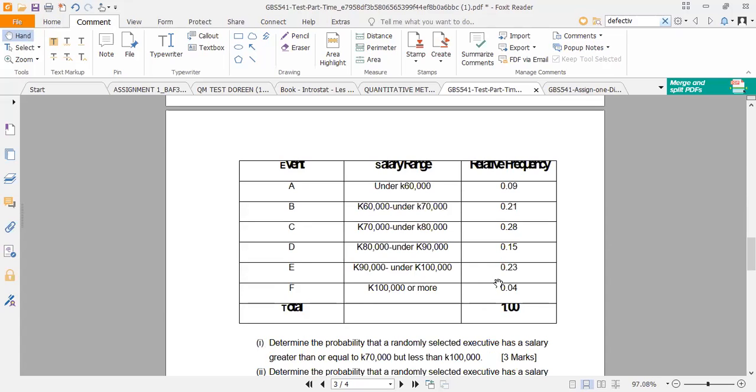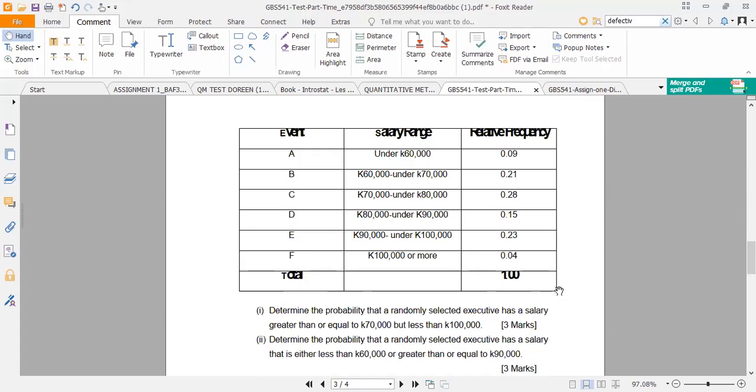So more than or equal to 70, starting from 70, but less than 100, so up to under 100. So we're adding these probabilities here. So 0.28 plus 0.15 plus 0.23.